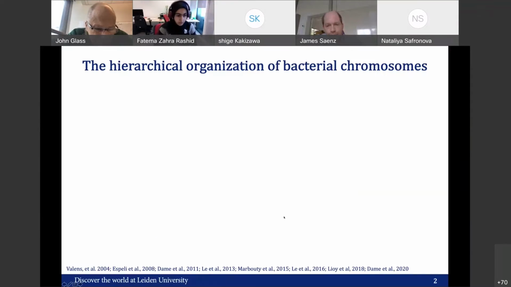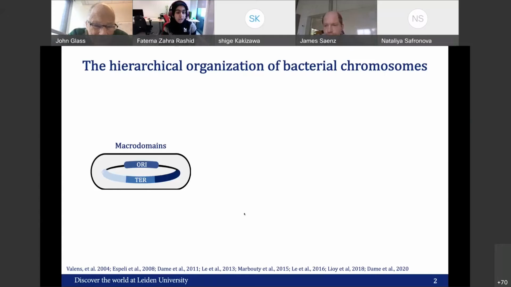So our lab works on chromosome organization and dynamics. And over the past few years, the field has come to realize that bacterial chromosomes and some archaeal chromosomes are hierarchically organized as follows. So first, the entire chromosome is divided into macrodomains.